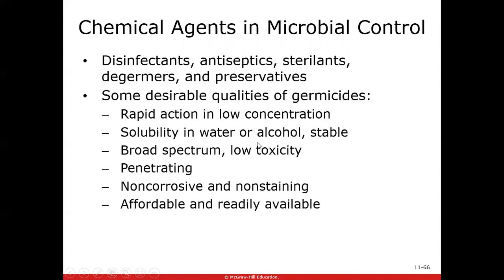You don't want it to hurt people or living tissue other than microorganisms. You want it penetrating. You want to be able to get through the things that you need to get through to get to the microorganism. You want it to be non-corrosive and non-staining, and you want it affordable and readily available. These are some desirable qualities.